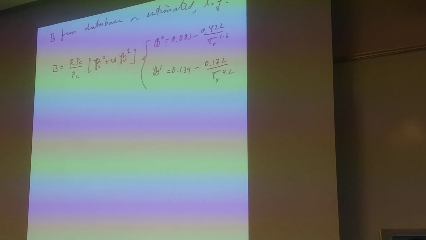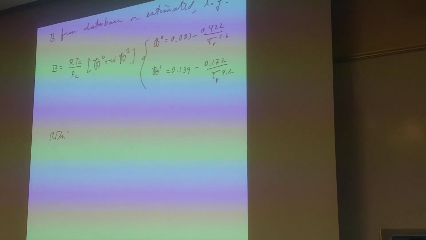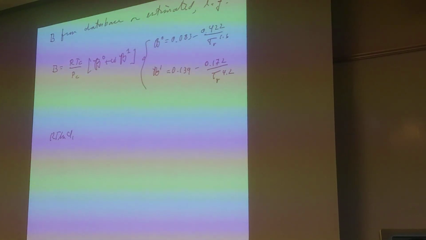We should also be able to get it directly out of tables, the Lee and Kesler tables. So what we see is RT log of the fugacity coefficient for some component, rewriting what I have above.